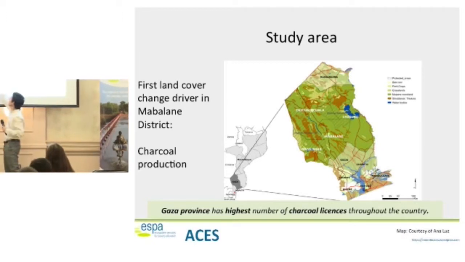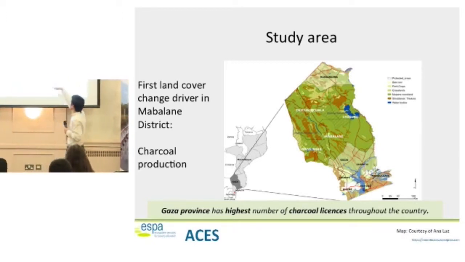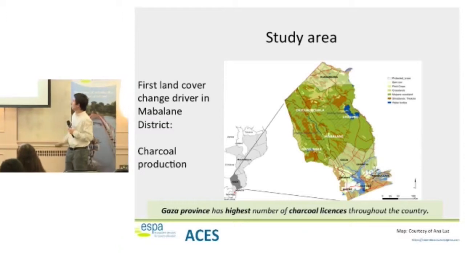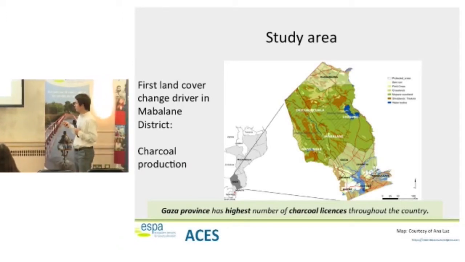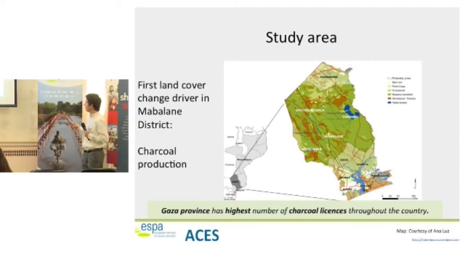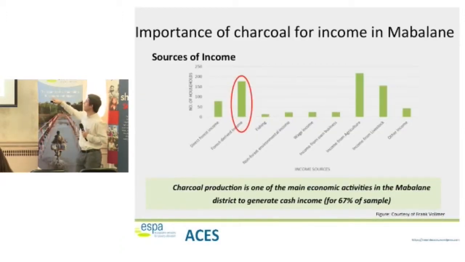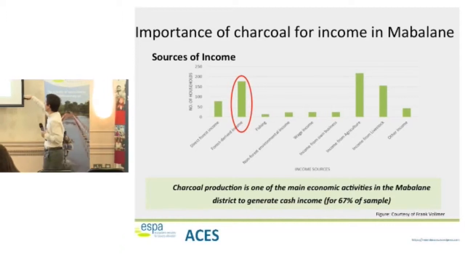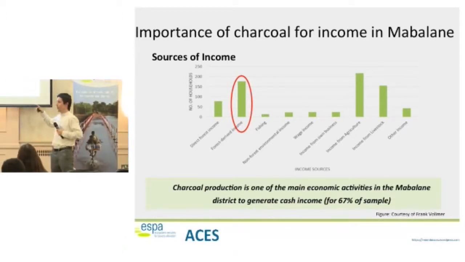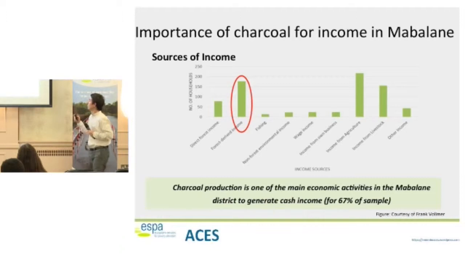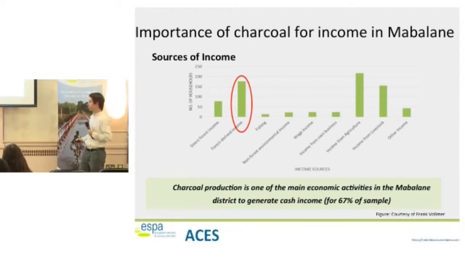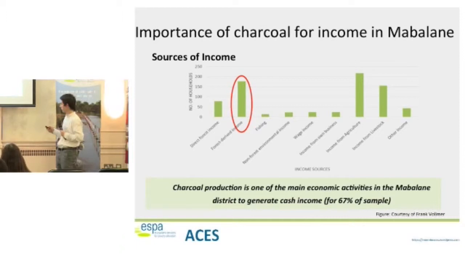Here is Maputo in the south of Mozambique, and the study area is the Mopane district, quite close to Maputo. The main land use change in this area is charcoal production, but it's also important for the livelihoods of the people living there. After agriculture, which most of the families practice, charcoal is the second most widespread activity between the villages.